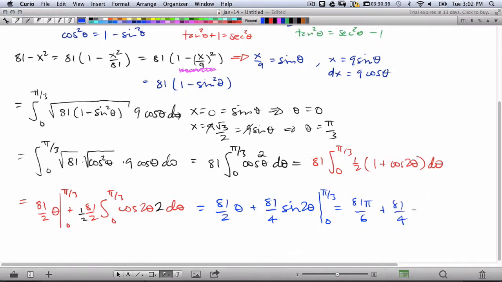And sine of 2 pi over 3 is the square root of 3 over 2. And then when we substitute 0 in, we get 0, and sine of 0 is 0. So this is our final answer.